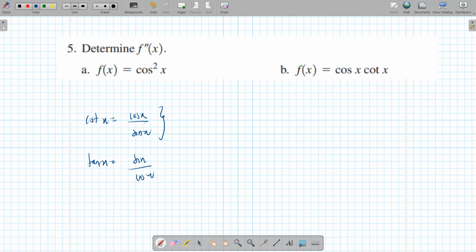All right, so we're going to rewrite this as cos x times cos x over sine x. So this becomes cos squared x over sine x. That's just y. Next, we need to use the quotient rule. So what would be f prime?